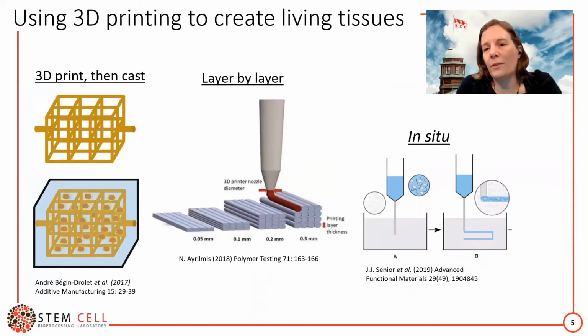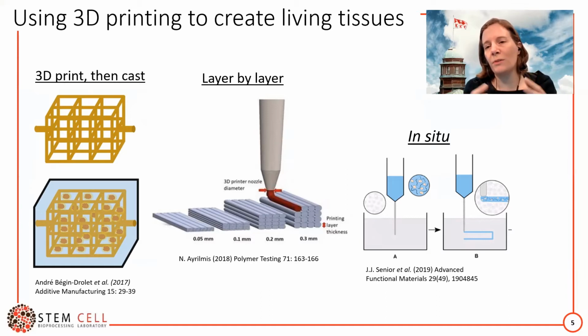Today, we'll focus our talk on creating living tissues, which is research ongoing in our lab and others. In that area, there's 3 main approaches for fabrication using 3D printing. One relatively simple approach, which actually decouples the printing part and the encapsulation part, is to first 3D print a mold, typically out of a sacrificial material.